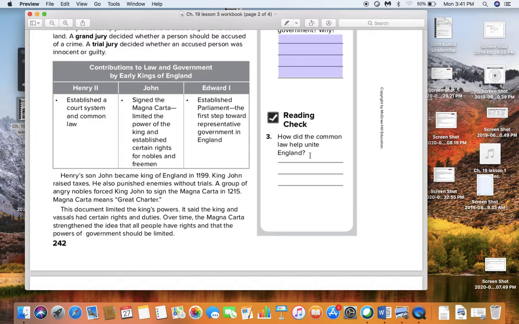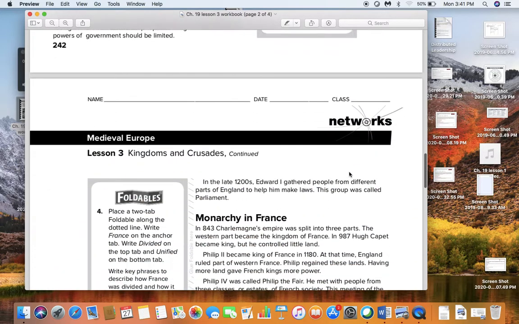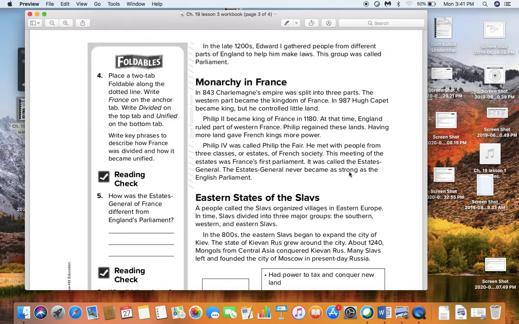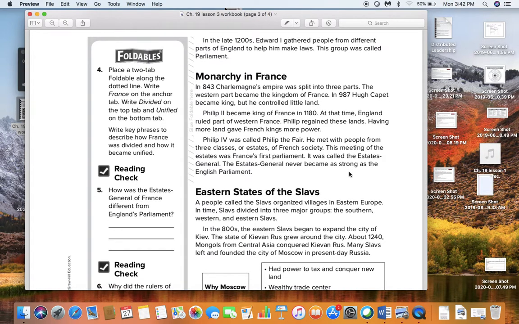All right, let's look at the next page. In the late 1200s, Edward I gathered people from different parts of England to help him make laws. This group was called Parliament. Monarchy in France. In 843, Charlemagne's empire was split into 3 parts. The western part became the Kingdom of France.